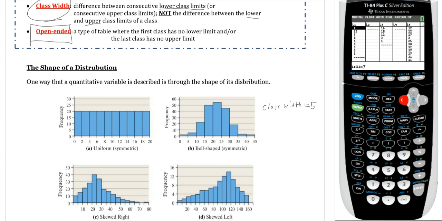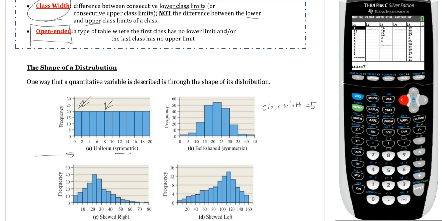For the shape of the distribution, we are generally going to be able to talk about the shape of the distribution. That way we can tell somebody what the distribution looks like without even presenting a picture. If we say something is uniform, that means that all the classes are roughly the same height or the same frequency. If you notice, that also means that this graph is symmetric, which means the left side looks the same as the right side does on the graph itself.